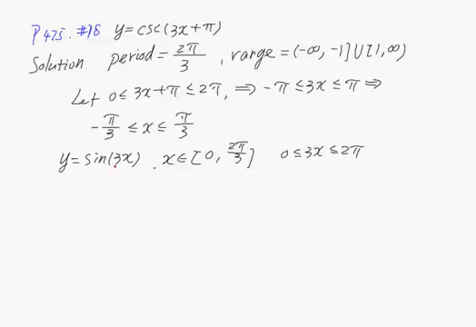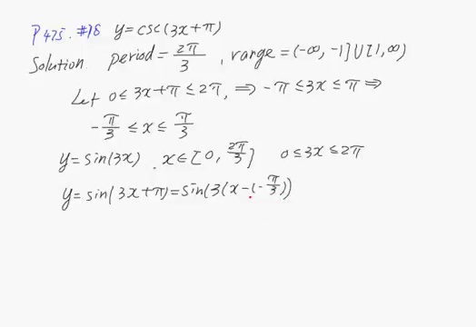Now, based on the graph of sine of 3x, we can find the graph of sine of 3x plus pi, which is equal to sine of 3 times x minus negative pi over 3.